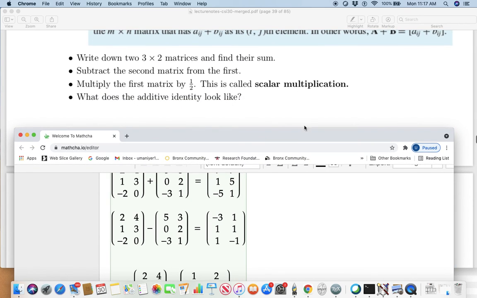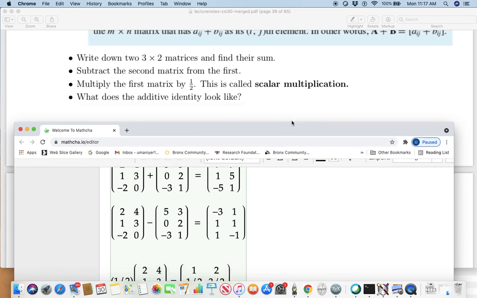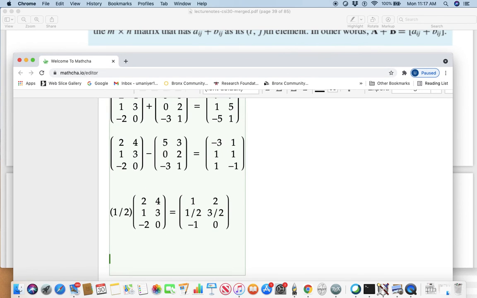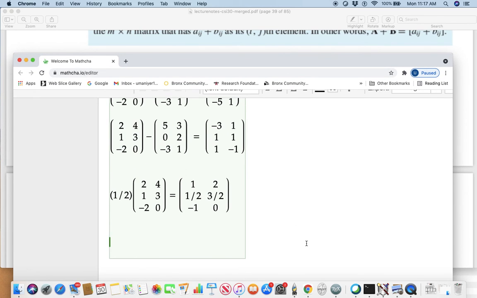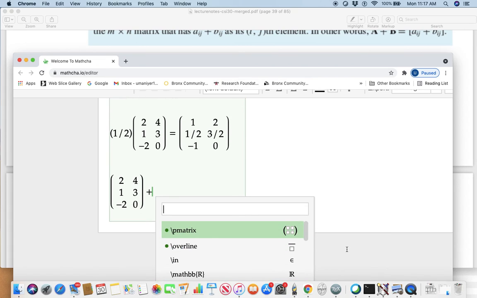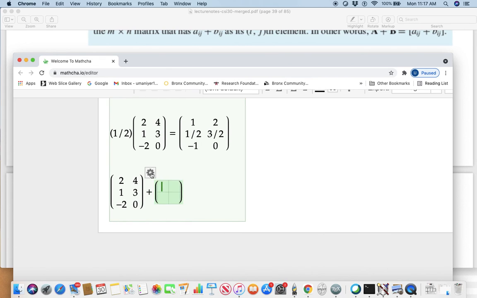Next, what does the additive identity look like? The additive identity is the matrix which, when added to any chosen matrix, gives back that matrix. So suppose I want to add to this. What should I add so that I get the same matrix back?